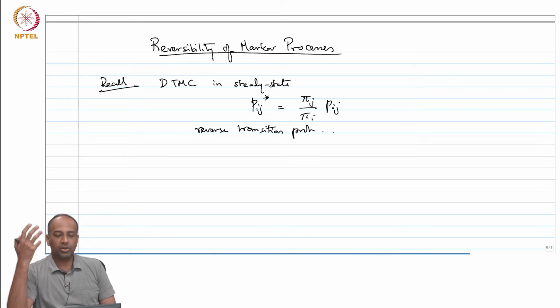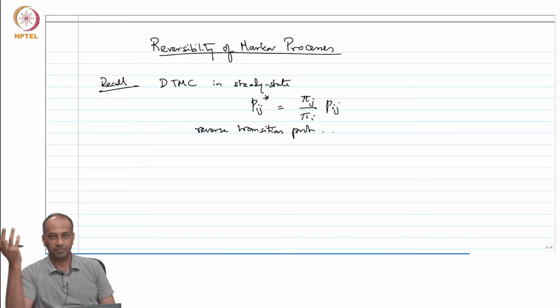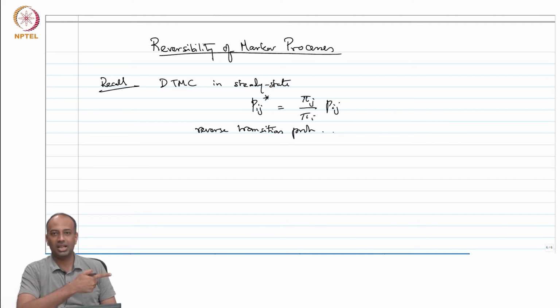Now, we are going to assume that the embedded DTMC is in steady state. The embedded DTMC has transition probabilities p_ij, so the reverse process of the embedded DTMC will have reverse transition probabilities p_ij star.